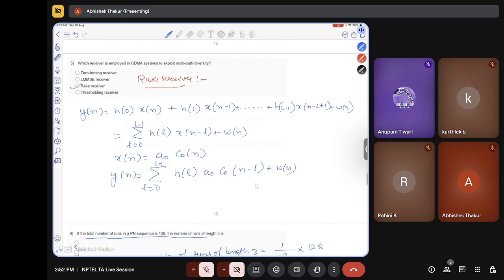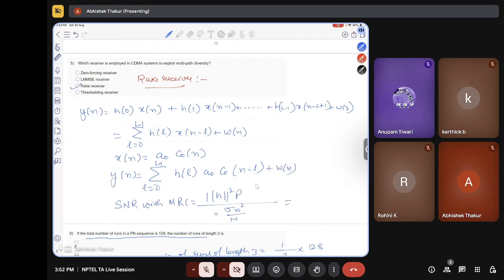So in rake receiver we are taking the maximal ratio combiner. So the SNR with MRC in this case, I will directly write, this will be first the h squared into power divided by the noise power.